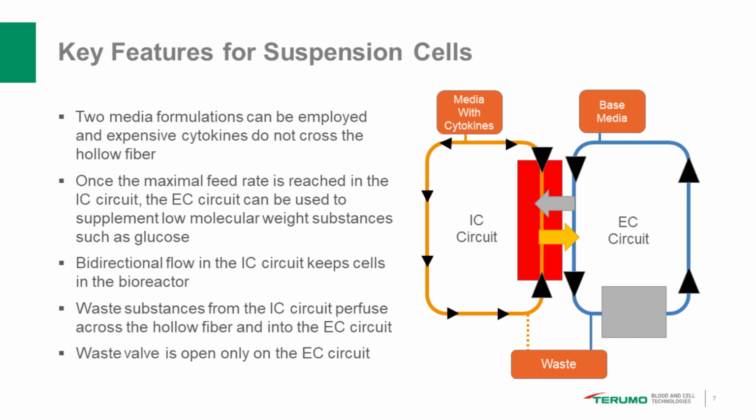And that bidirectional flow piece I aforementioned will keep cells within the hollow fiber bioreactor. In addition, waste substances from the IC circuit will diffuse across into the EC circuit and will be taken out into the waste. And the waste valve for that particular scenario would only be open on the EC circuit.